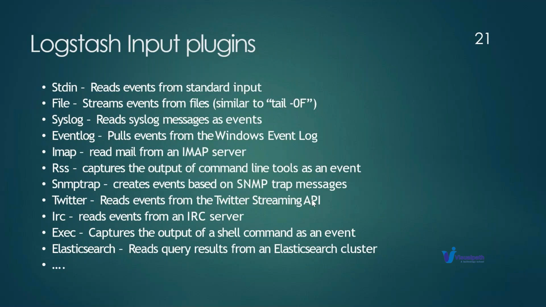Then it can read email from an IMAP server, RSS, output of a command line as an event, SNMP trap, which creates an event based on SNMP trap messages, Twitter, which reads from the Twitter streaming API, IRC servers, then exec command, which captures shell output in an event, and Elasticsearch, which reads query results from Elasticsearch.